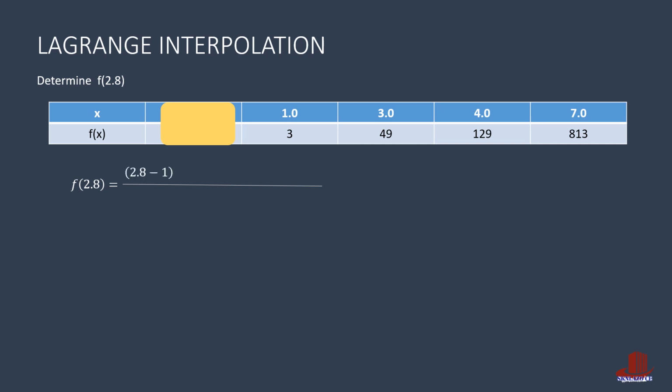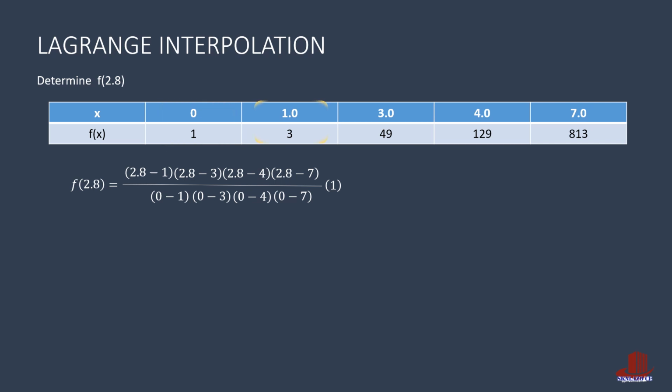That is 2.8 minus 1, 2.8 minus 3, 2.8 minus 4, and 2.8 minus 7. The denominator is also computed similarly, but instead of the required x, we use the covered x. So the denominator includes 0 minus 1, 0 minus 3, 0 minus 4, and 0 minus 7. Again, all values from this ratio are from x, which will then be multiplied by the covered y, which is 1.